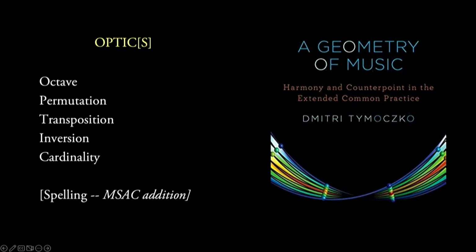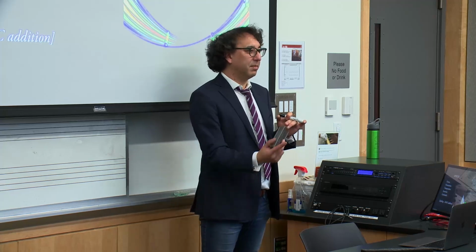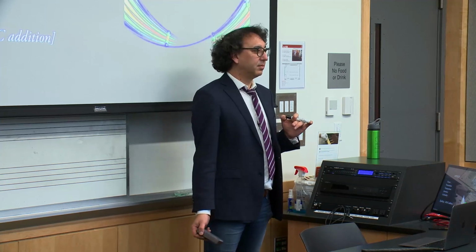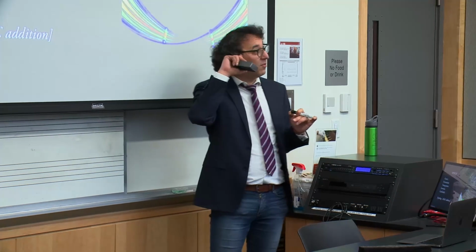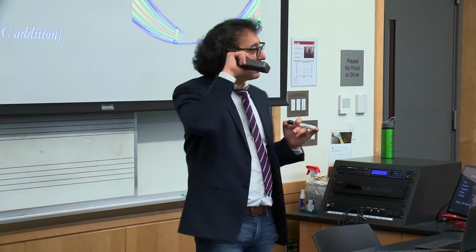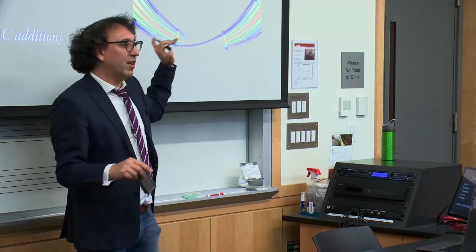Permutation, what do you think that means? Yeah, Adam. You have a chord and some inversion of it. Perhaps you want to consider them the same. Yeah, so if you have an inversion of the chord, you might consider it the same. The order that it goes, that would only work if you also have octave.